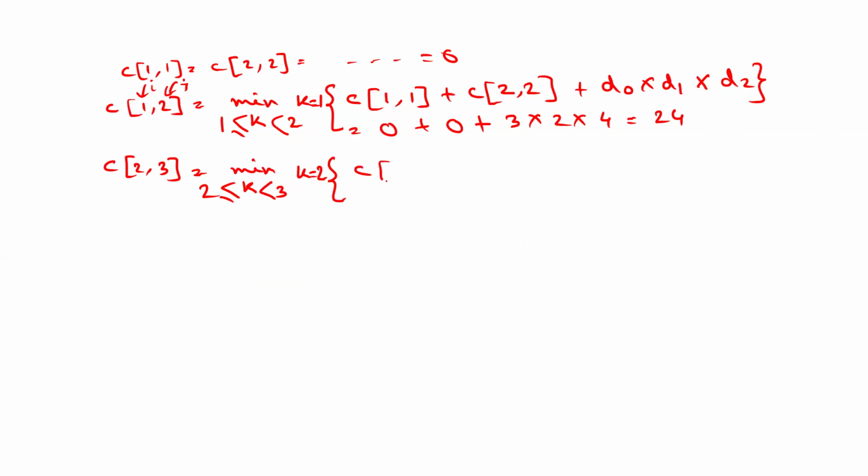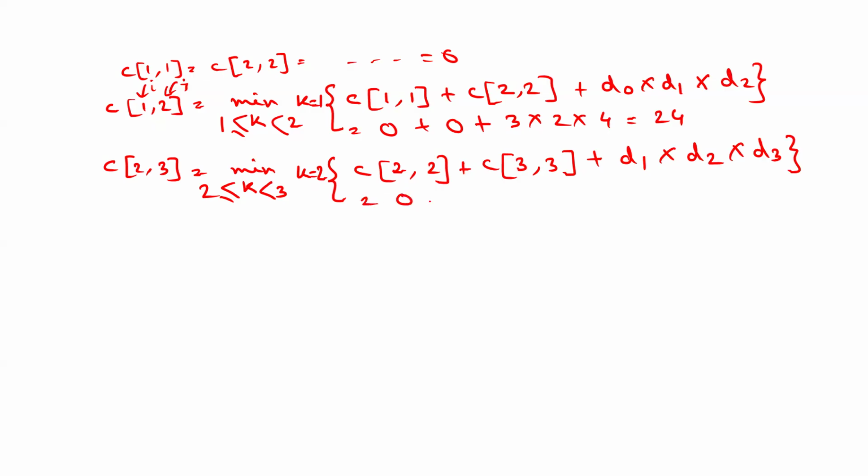And the same formula: i is here 2, k is here 2, plus C(k+1), that is 3, and j is 3, plus d(i-1). Here i equals 2, so 2 minus 1 is 1. dk, k equals 2, so 2, and dj, j is here 3.